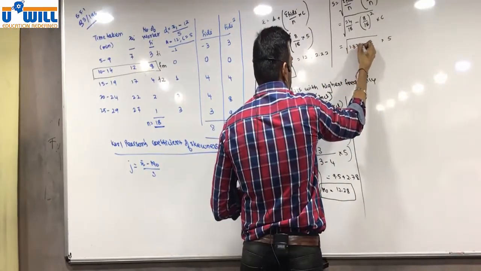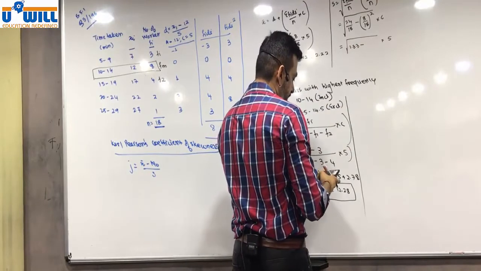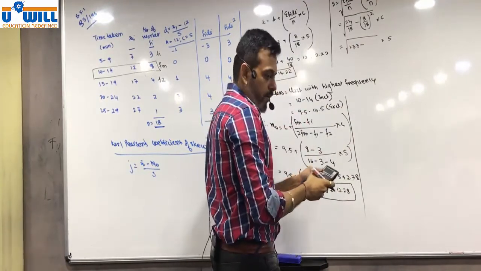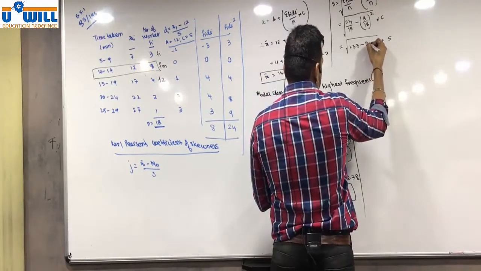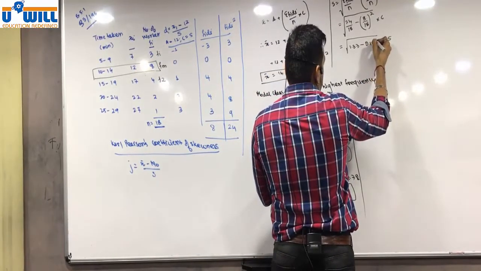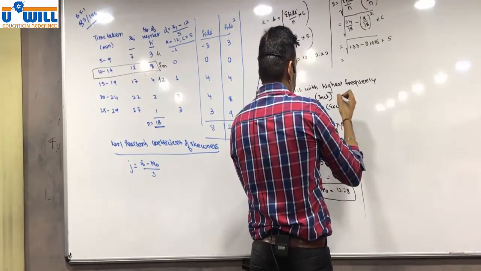That is 1.33 minus 8 divided by 18, which is 0.4444 squared, equal to 0.1975, giving 1.1325.